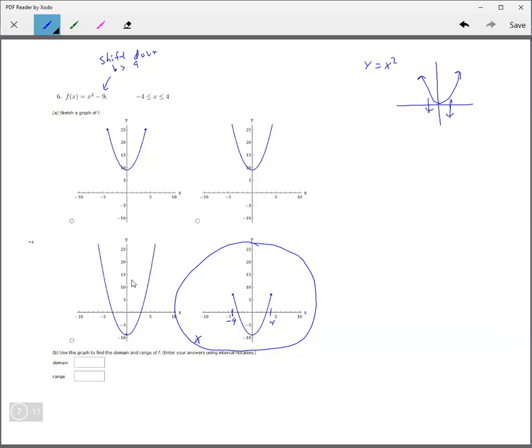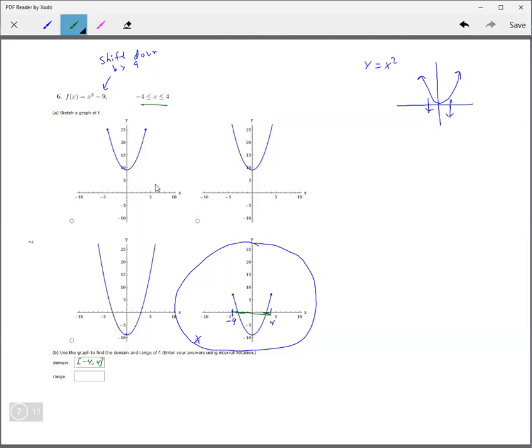Okay, and then use the graph to find the domain and range of f.